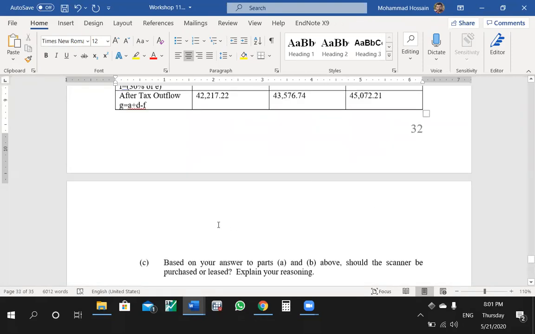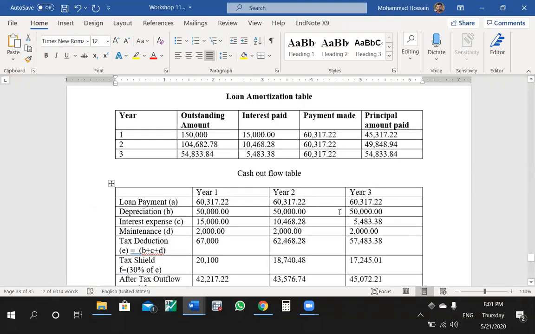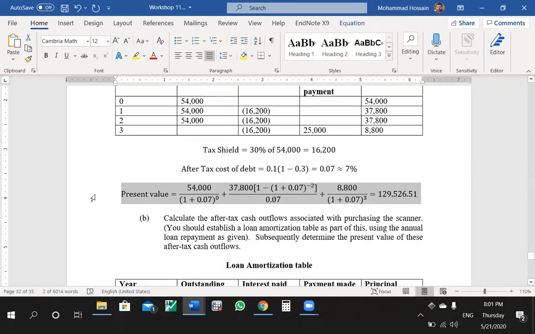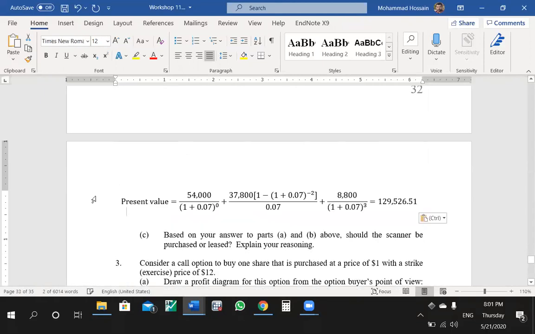Now we need to calculate the present value of all these numbers. But in this case, these numbers will be different.